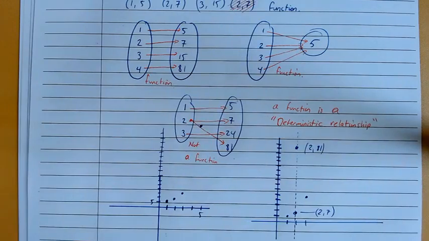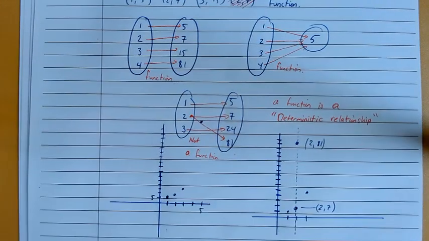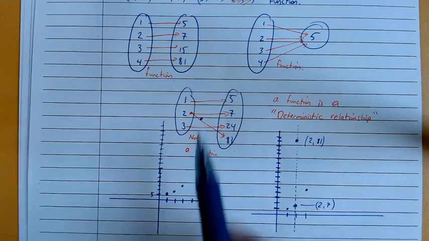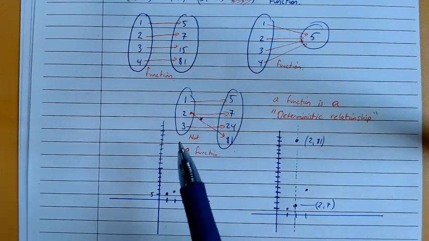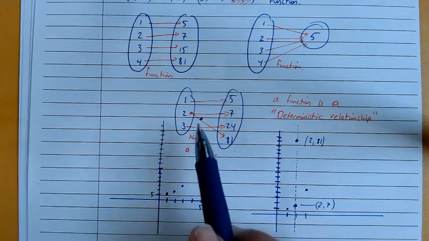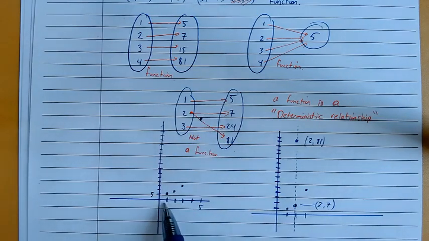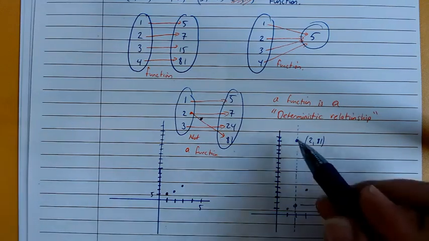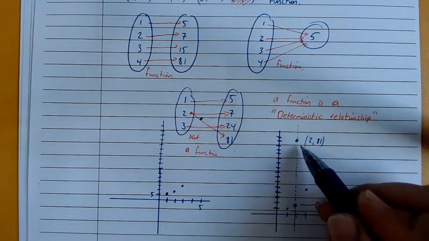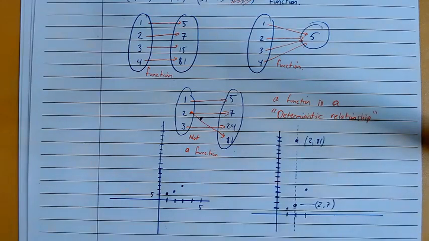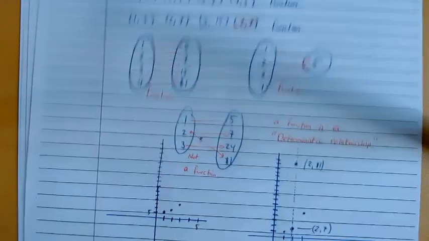This is called the vertical line test for a function. If ever you have a collection of points, ordered pairs that have been graphed, if every vertical line that you draw crosses through no more than 1 point, then that must be a function. But if you have any vertical lines, all it takes is 1, if you have any vertical lines that cross through 2 points on your graph, then that is not a function.